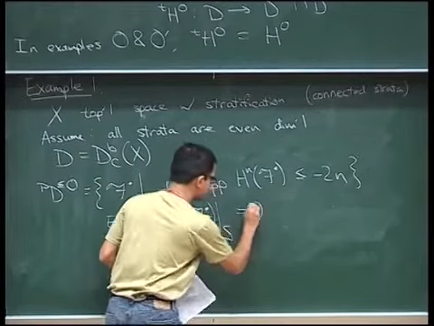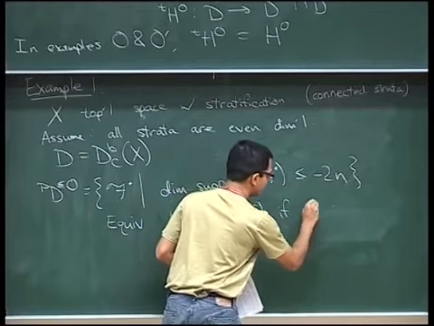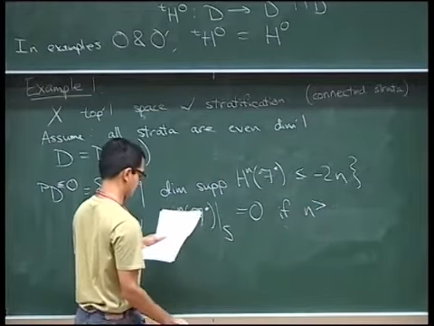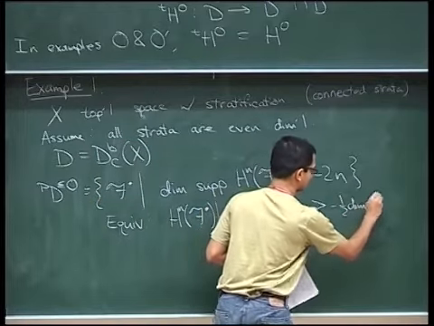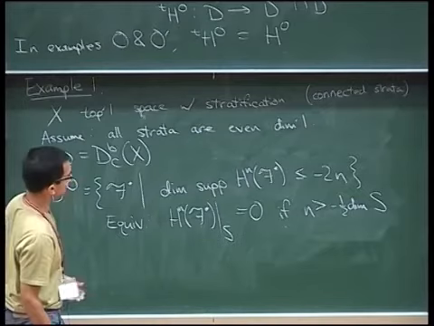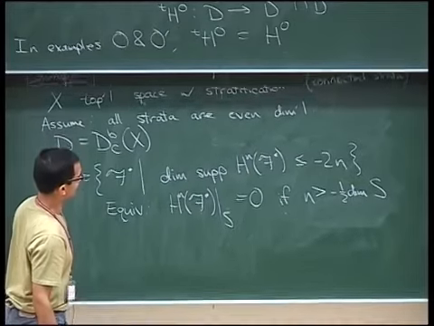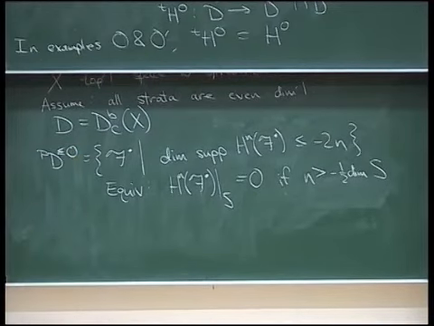So this equals 0 whenever n is bigger than minus 1/2 the dimension of S. You should double check to make sure I got these inequalities right, or at least that they're equivalent to each other. But I think this is correct.